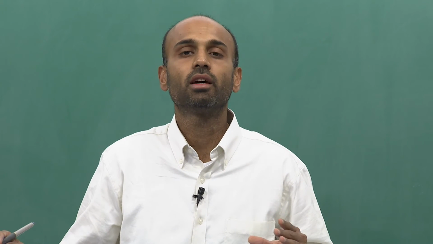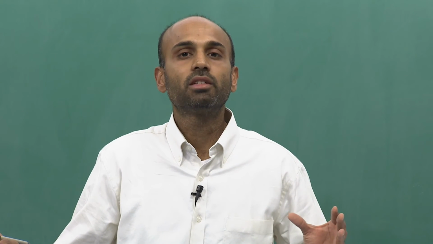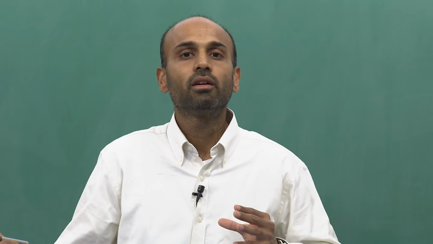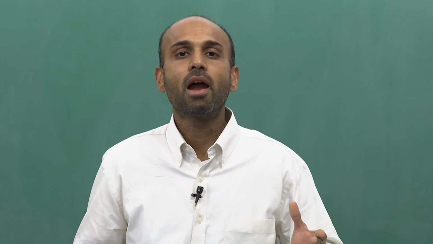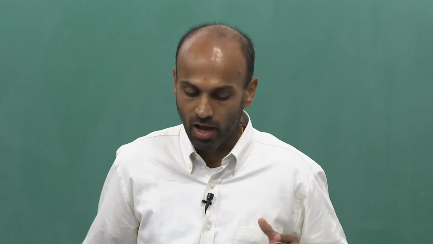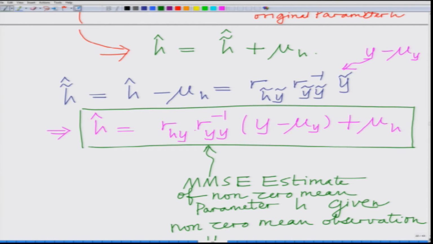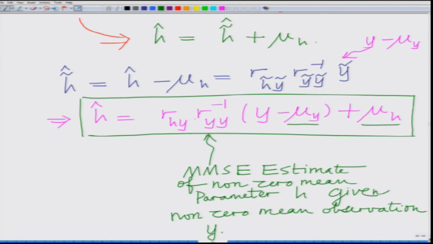Simply subtract the mean mu y from y, compute the estimate, and then add the mean mu h separately, and that is what we have over here. This is simply r h y into r y y inverse into y minus mu y, followed by addition of mu h. So initially we subtract the mean mu y from y, compute the estimate, and then separately add the mean mu h. That is a very simple relation.